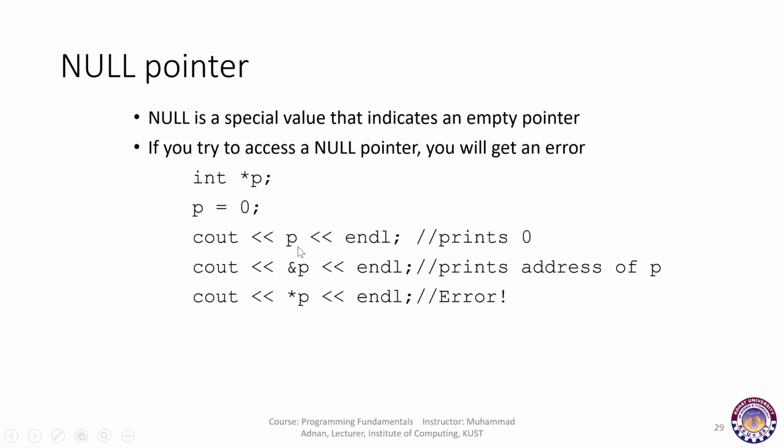If you print p, because the value of p is 0, it will print 0, and if you write address of p, it will print the address of this pointer variable. But if you write star p, it means go to the address which p is holding and print whatever value is stored. It will give you an error because p does not have any address. P has the value of 0.